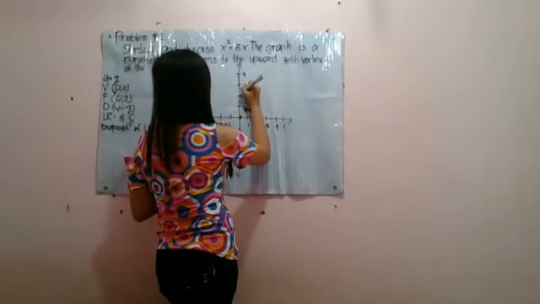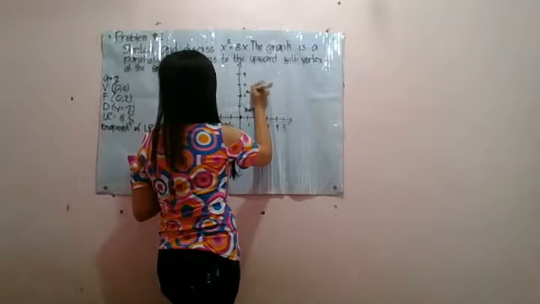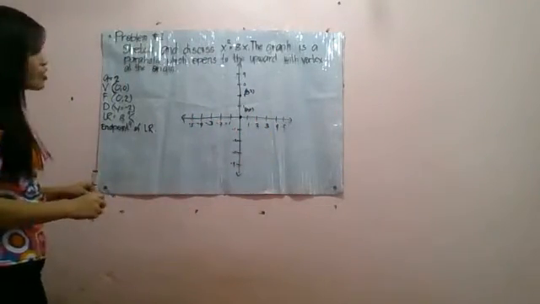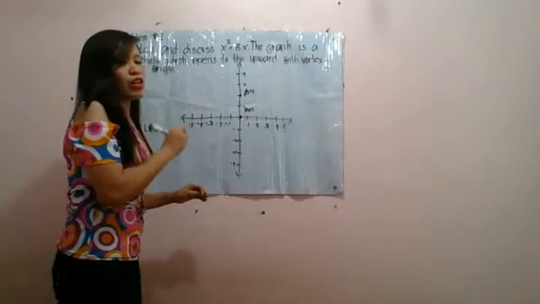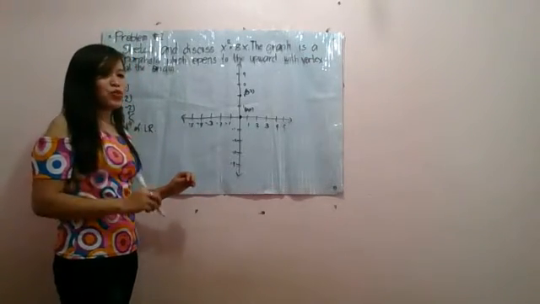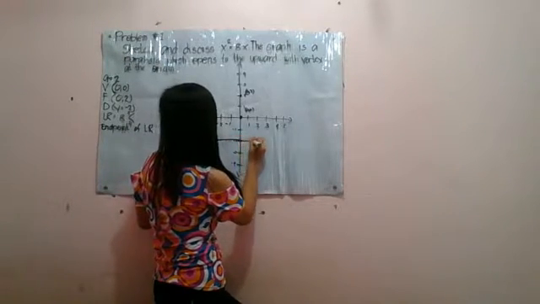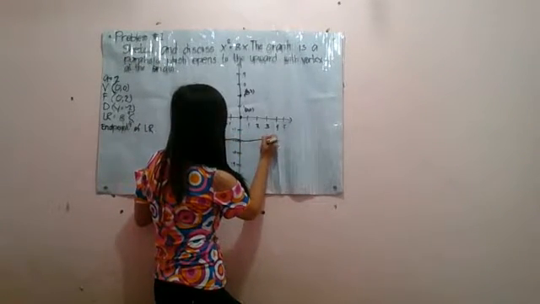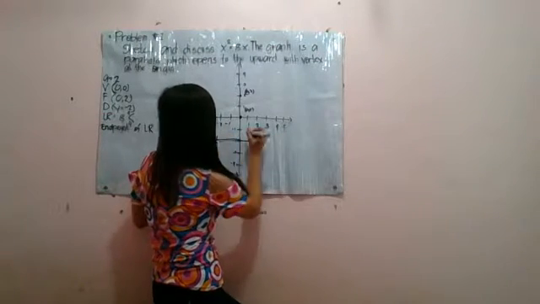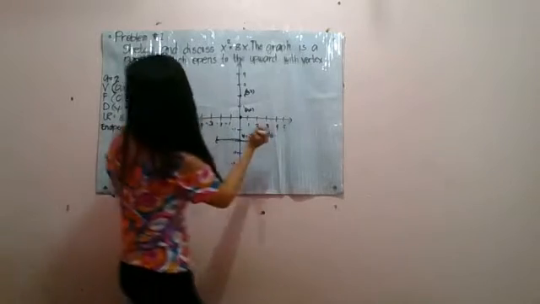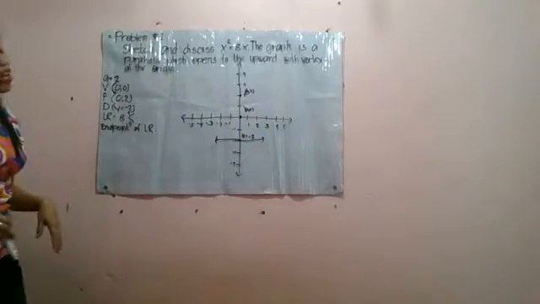And then to the right, just count by 4: 1, 2, 3, 4. So this is our endpoint. So the endpoints of our latus rectum are 4, 2 and negative 4, 2.